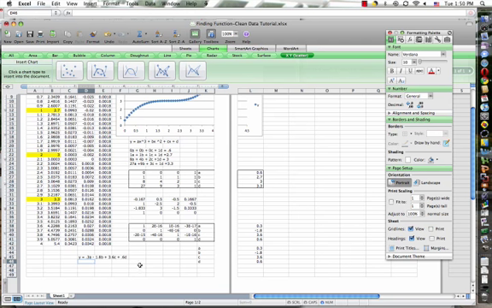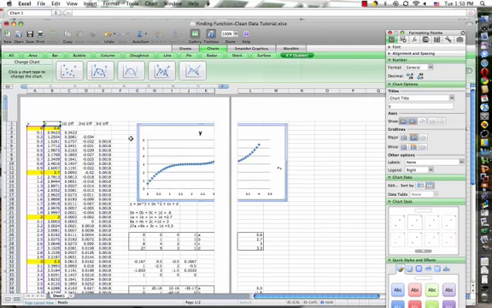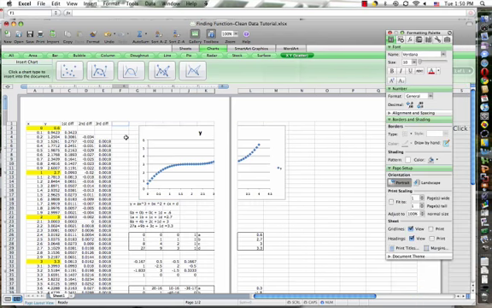There's a couple of ways we can verify this. One would be to come up here and say here's our check column, and in this column we put equals.